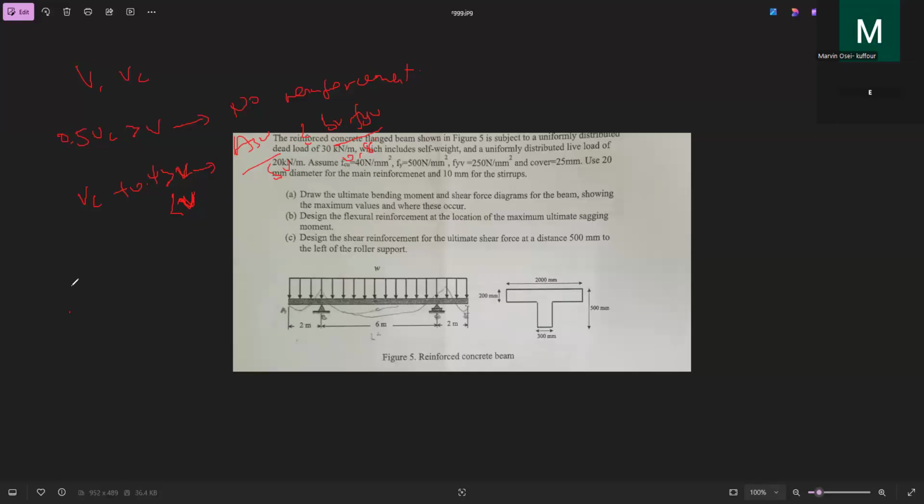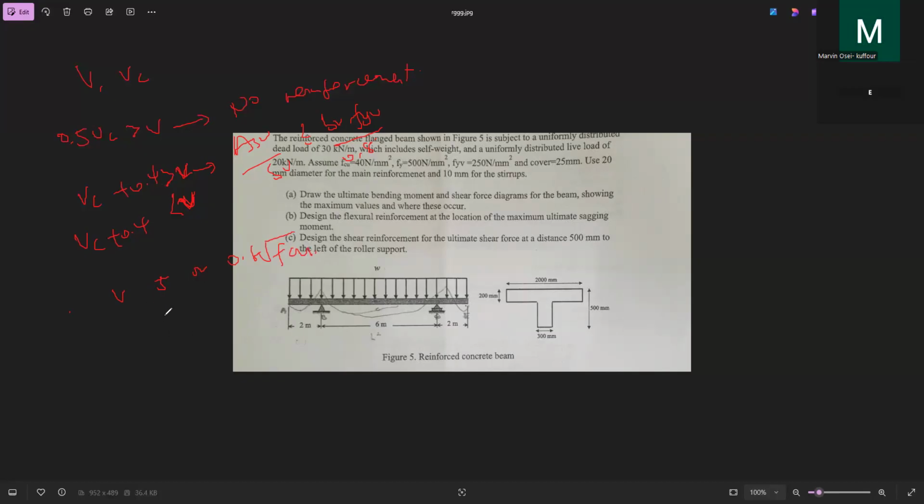Okay. So the next thing is that if this doesn't pass that test, meaning that if VC plus 0.4, if it doesn't pass that test, what you have to do is compare V with 5 or 0.8 square root of FC.